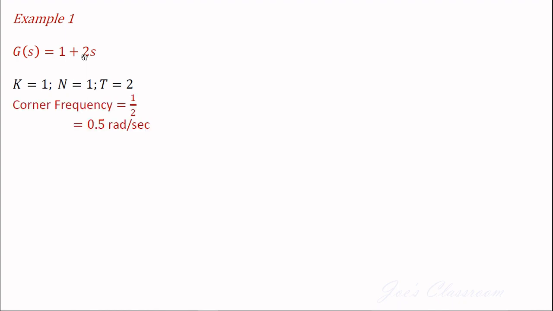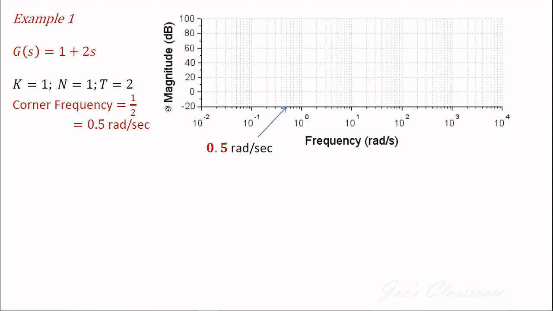What's the corner frequency? It is 1 by 2, which is equal to 0.5 radians per second. Immediately identify the 0.5. This is 0.1 and this is 2, 3, 4 and 5. So this is 0.5 radians per second, and that is going to be the corner frequency.